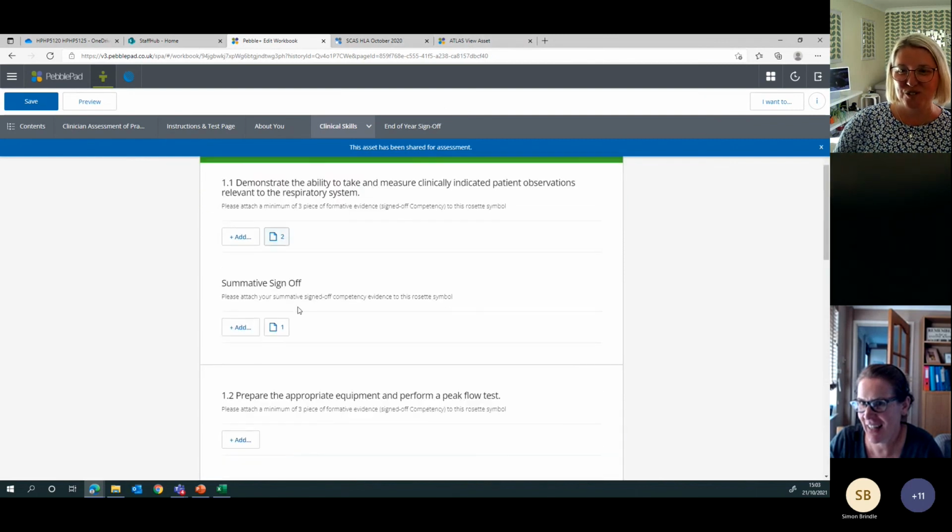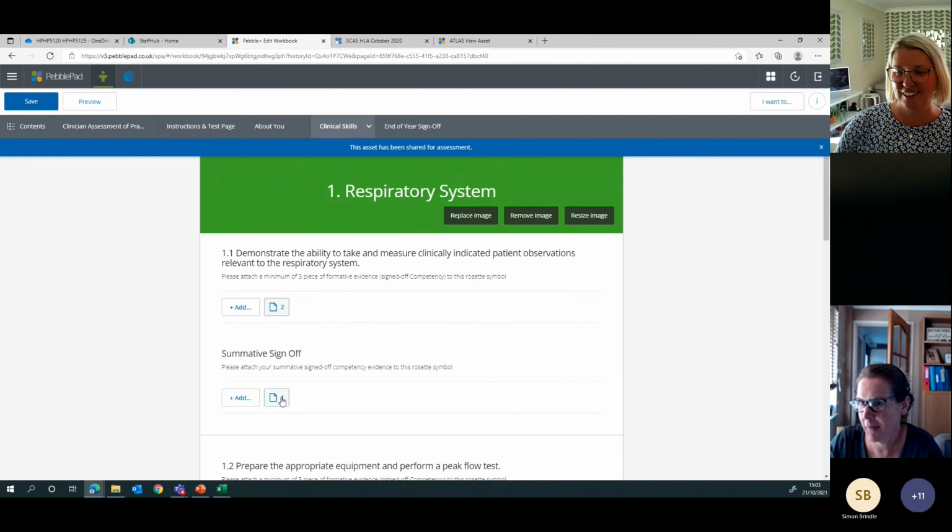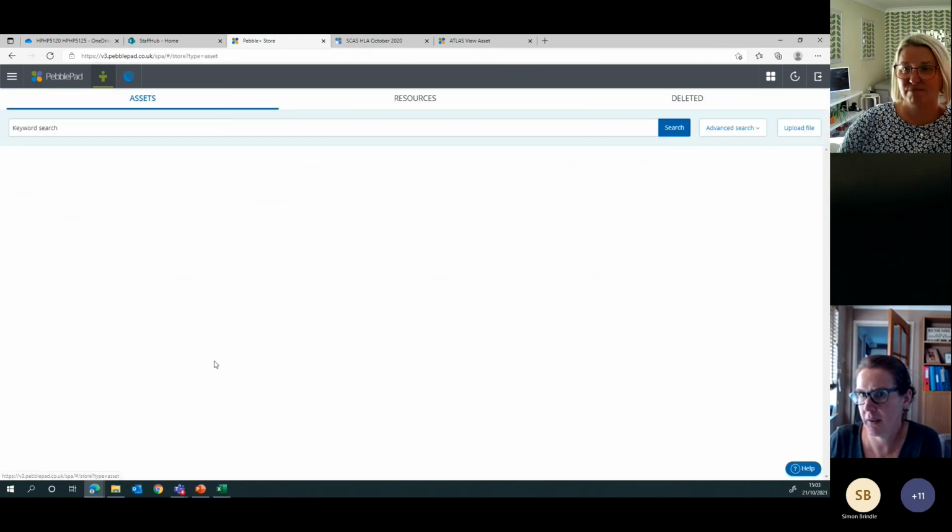So I tried this yesterday and I was able to map, but for some reason I can't map at the moment. I will show you, there is a video that I've attached to the presentation as well, which shows how to map across. Let me just check in the ROC workbook and see if it allows me to do it in the ROC workbook.